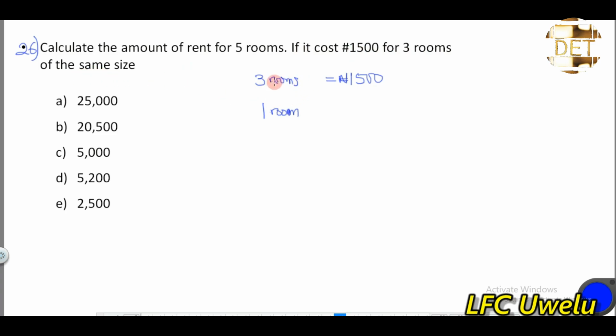So that means 3 rooms is equal to 1,500 naira. So one room will be equal to 1,500 divided by 3. So 3 here is 1, 3 here is 5. So that will be equal to 500 naira. So that means that one room is equal to 500 naira. Then the question is calculate the amount of rent for 5 rooms.